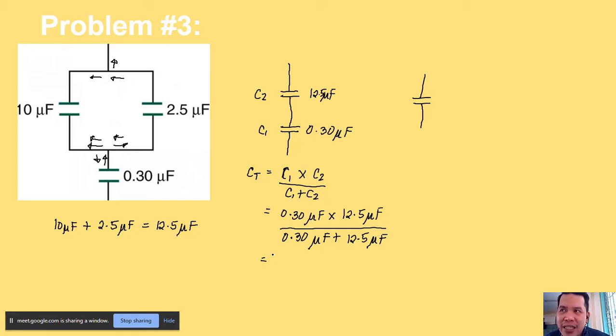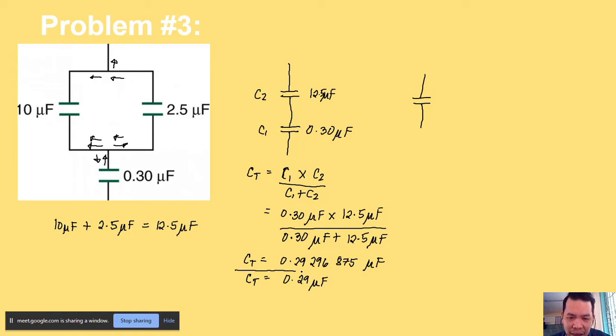So, let me just key in 0.30 times 12.5 divided by 0.30 plus 12.5. Yung answer ko po dito is 0.296875 microfarad. So, C sub T now becomes 0.29 microfarad.